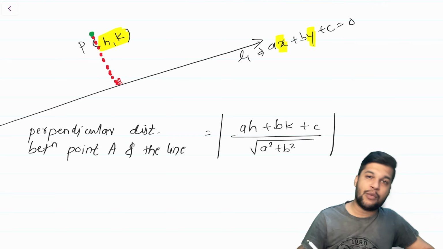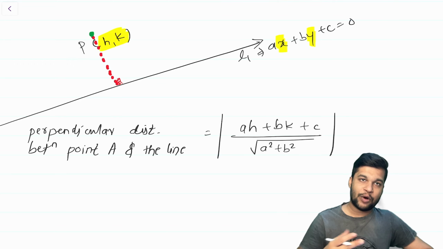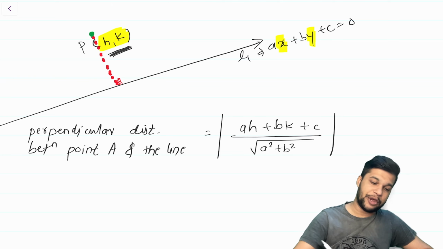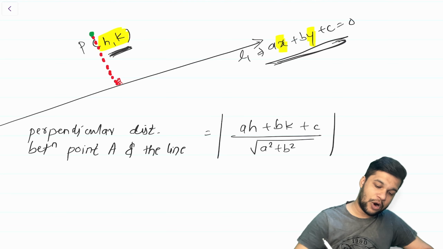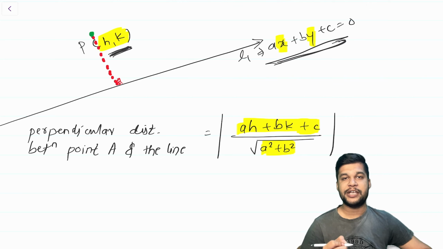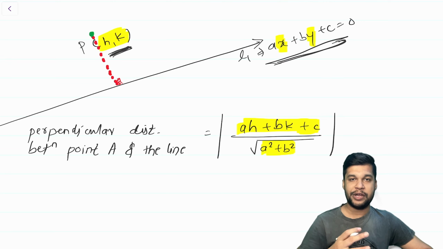And you will take the modulus of this because the distance is never negative. So I have just substituted this point over here, got ah plus bk plus c, and then divided it by the root of a square plus b square. So I hope you got this. This is how you find the perpendicular distance between a point and a line.